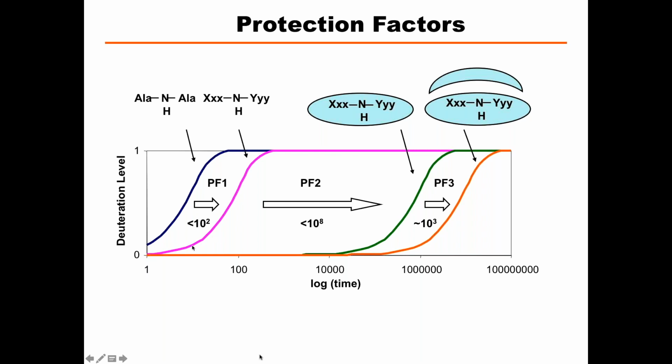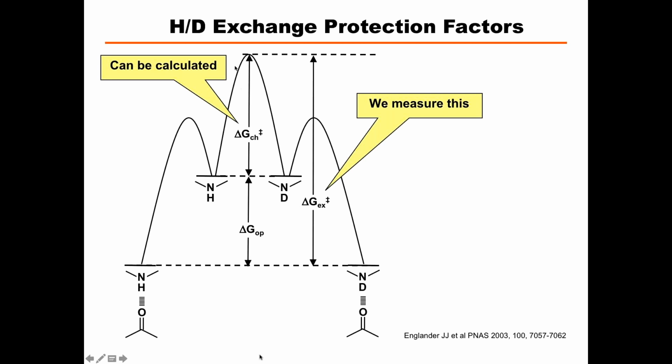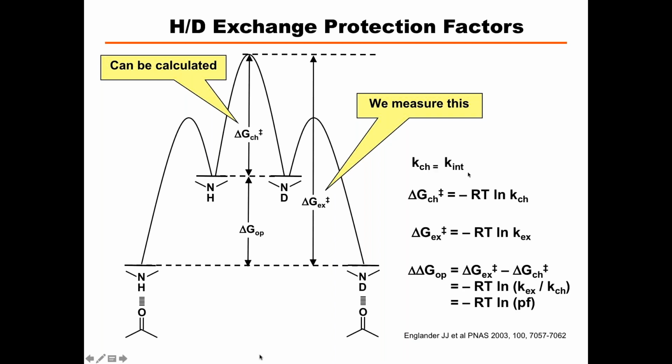This is the intrinsic rate for your peptide, and you measure it in a protein and it overlaps perfectly, it's not protected. If it's shifted to the right, it has some degree of protection. It has some secondary structure usually, and or is protected by hydrogen bond networks. So in terms of what can we glean from this information? Again, if there's no protection, no amide, no hydrogen bond, we can calculate delta G of chemical exchange, but we measure here the actual observed exchange rate.